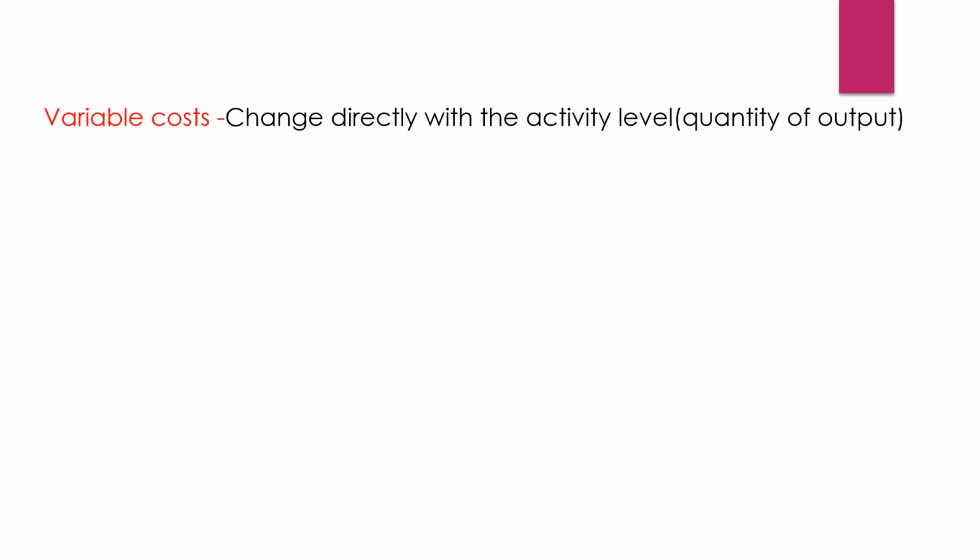Variable cost changes directly with the activity level, which means the quantity of output. As production quantity increases, the cost increases, and as the production quantity decreases, so does the cost. The best examples would be direct material, direct expenses, as well as direct labor.